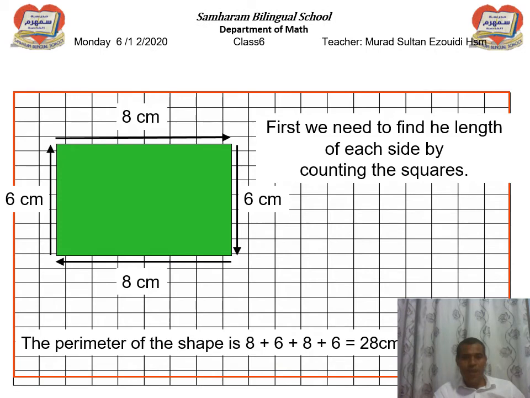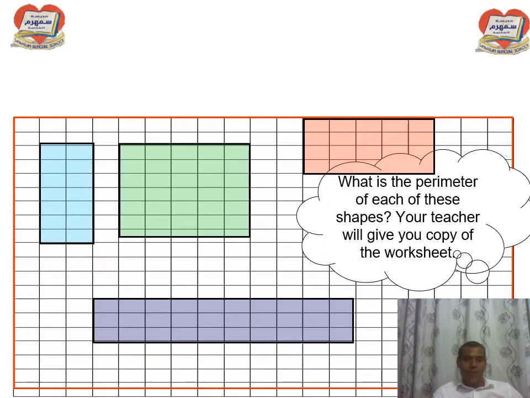Then, for example, you can see that here we have some 2D shapes, let's say rectangles. In order to find the perimeter of these 2D shapes, just find out the length and the width of this rectangle.